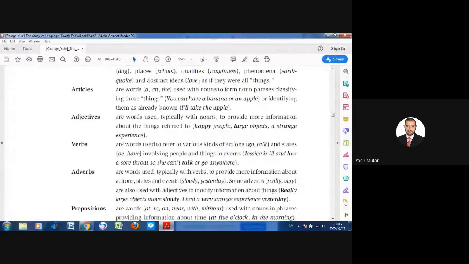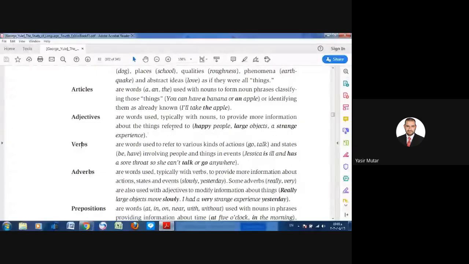When I say the tall boy, or the big stone, or large ships, or huge ships, we have a limited number of adjectives in the language. We use those words to provide more information about things referred to.